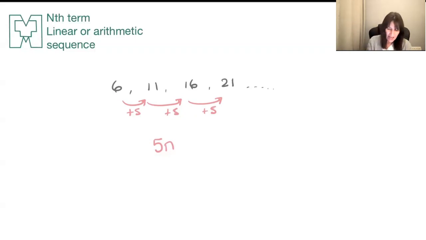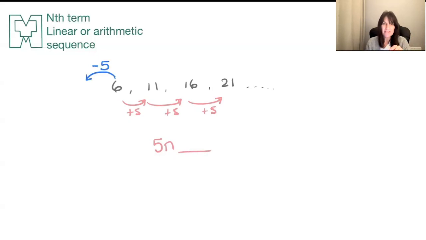There is one last little bit that we need to do. There is another bit that goes here. The way that I find that is I take the first term and go back in the opposite direction one place. If I go back in the opposite direction, I must take off 5, not add 5, because I want the number before the 6.